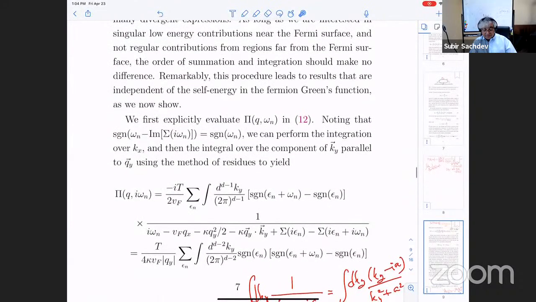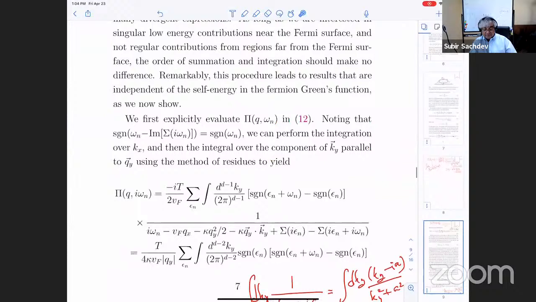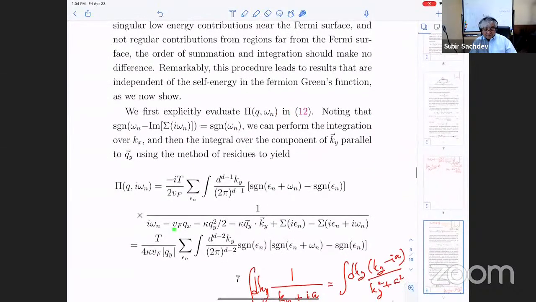That's all. For any point on this Fermi surface, you have some value of VF and some value of kappa. Depending on which point you're looking at, for the self-energy of the quasi-particle, you'll get different values of VF and kappa. But other than that, there won't be any change. I see. Thanks.